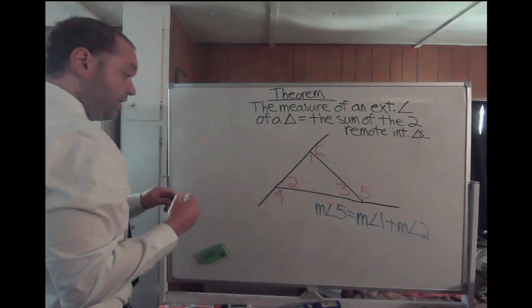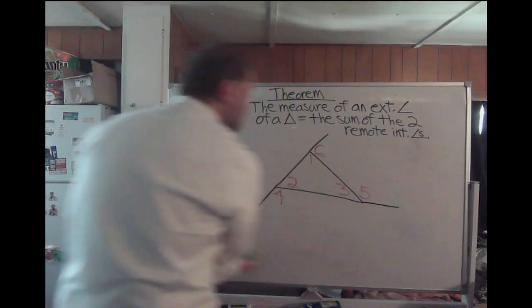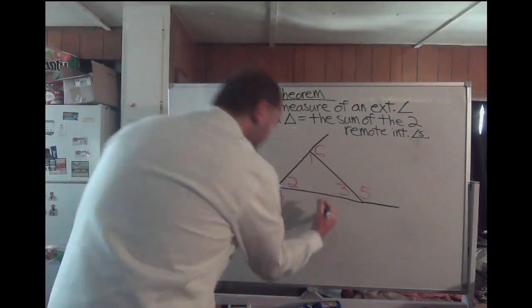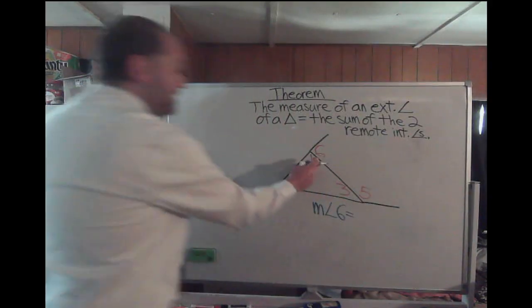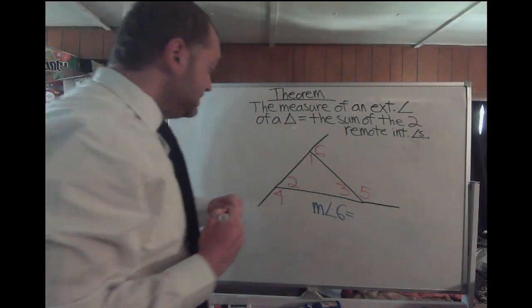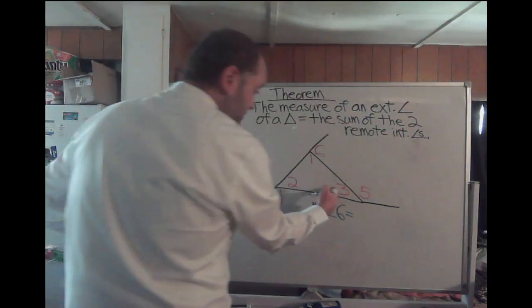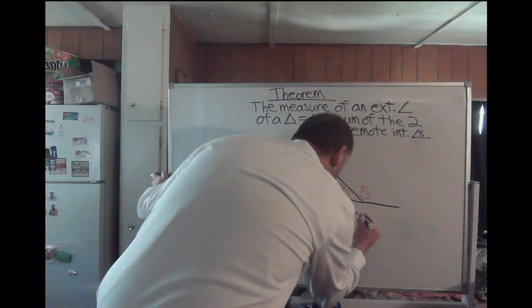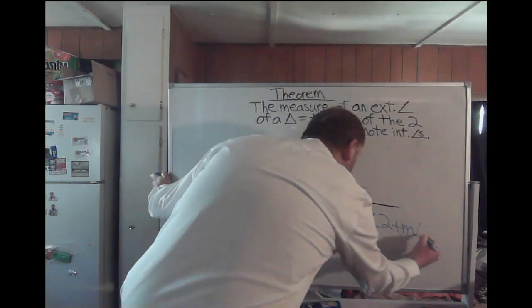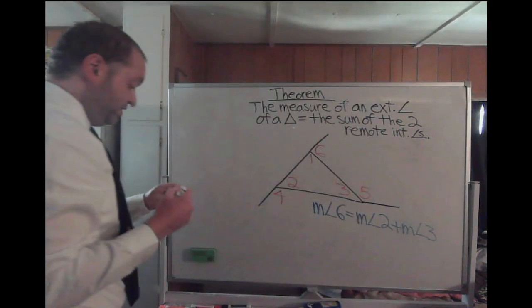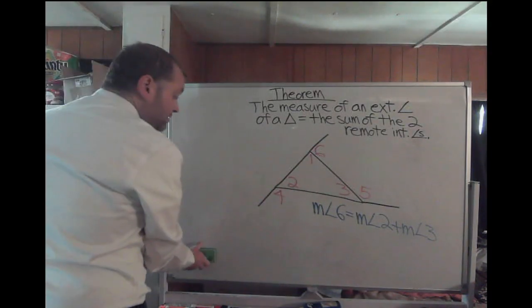And then last but not least, let's go for angle 6. That's an exterior angle. We can't consider the measurement of angle 1 because that's adjacent to angle 6. But 2 and 3 are the two remote interior angles. So the measure of angle 6 would equal the measure of angle 2 plus the measure of angle 3 for this particular problem. So that's what this theorem is saying.